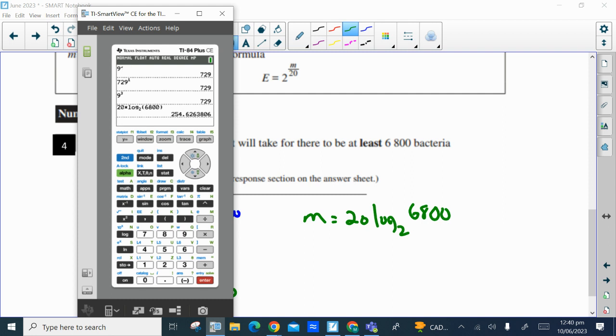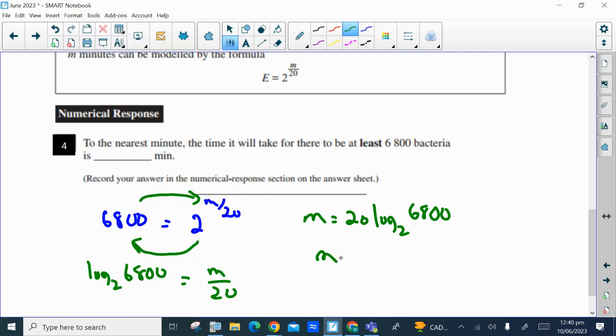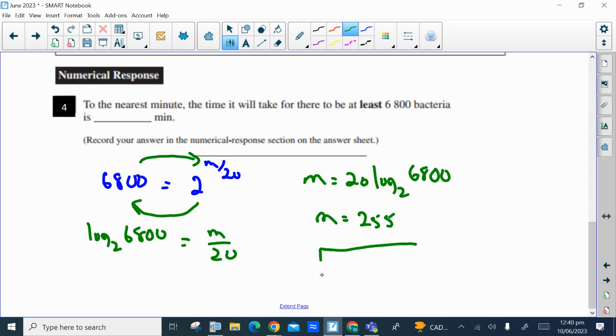So we get the same answer that we got graphically. Like if I just go x equal, that's the last number that's in my calculator, what x equaled from that graph. Exactly the same number. So 255 minutes to the nearest minute. So if this was a numerical response question, that last box would be left blank. Okay?